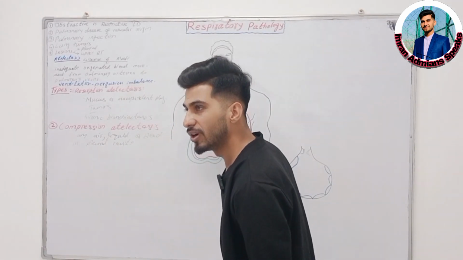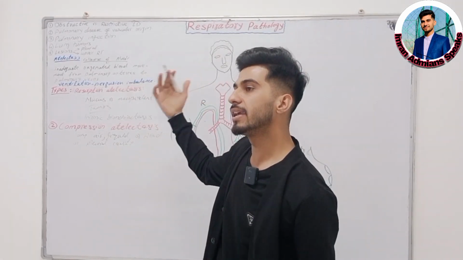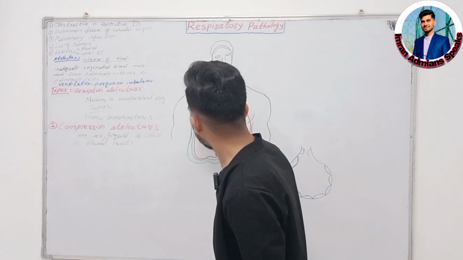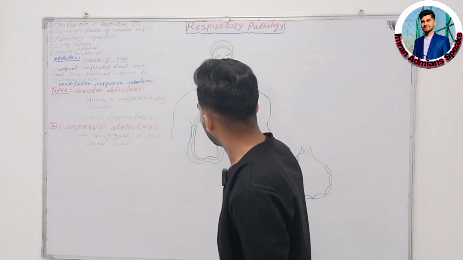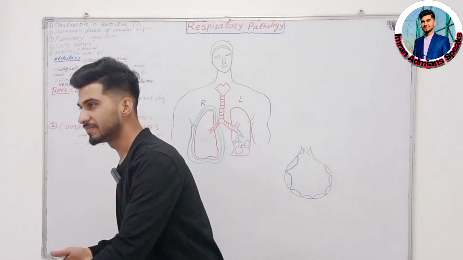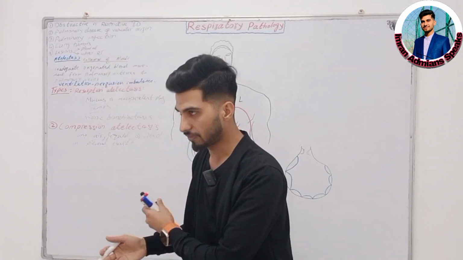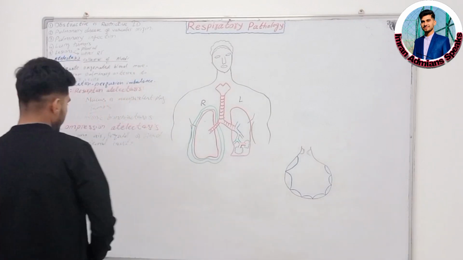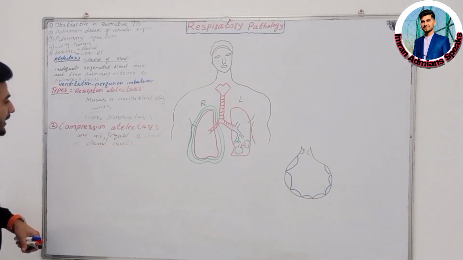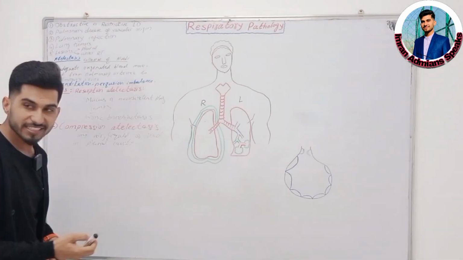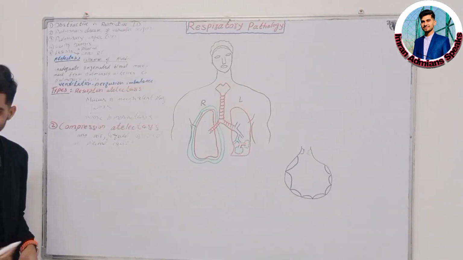Also, due to damage of any artery, blood moves into the pleural cavity. We will discuss in pneumothorax in detail how the bulla and blebs are formed. Any air, liquid or blood in the pleural cavity, which disease will it be? Pneumothorax.